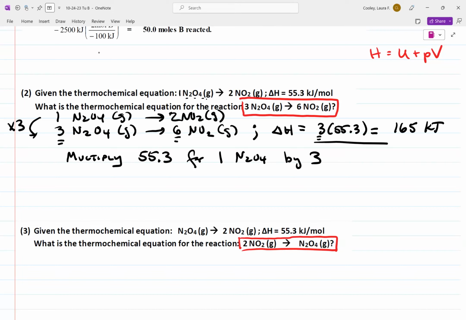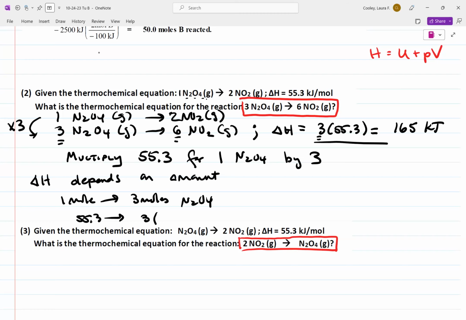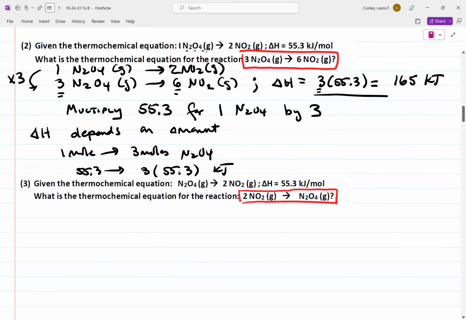Because delta H depends on amount, if you have an amount and you know what the delta H is and you multiply that amount by 3, you're going to have to multiply the heat by 3 as well. If we take 1 mole and we make it 3 moles of N2O4, the 55.3 goes to 3 times 55.3 kilojoules as the delta H.